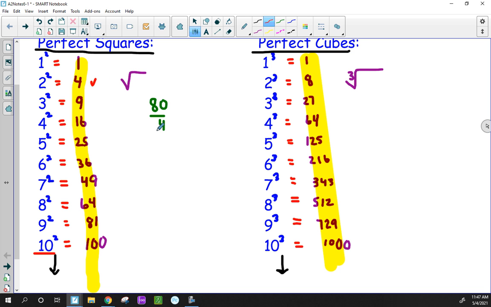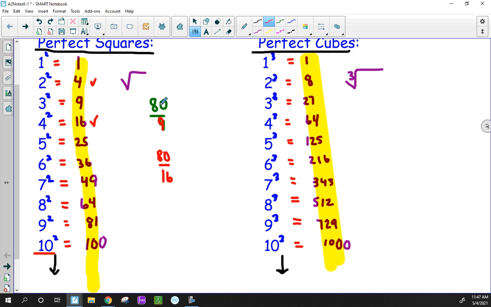Then I'm going to divide 80 by 9. When I divide 80 by 9, it does not give me a nice whole number, so 9 is not a good choice. Then I go to the next perfect square in the list, 80 divided by 16. The answer I get on a calculator is 5. So 5 is a nice whole number, so I'm going to check mark that one. Then I try 25.